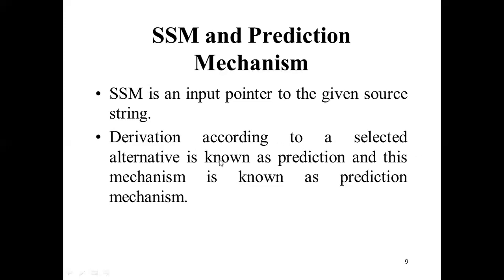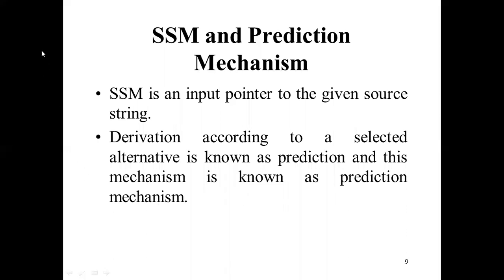Derivation according to a selected alternative is known as prediction. Then we will do the prediction, to see whether we are able to achieve the output or not. If our prediction is wrong, then we will use the backtrack mechanism. It means we will return again and choose another option which is provided in the particular grammar.